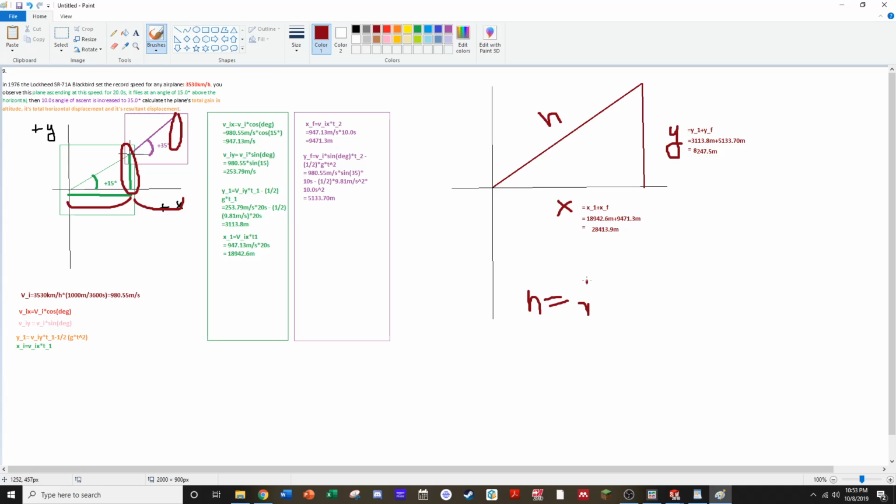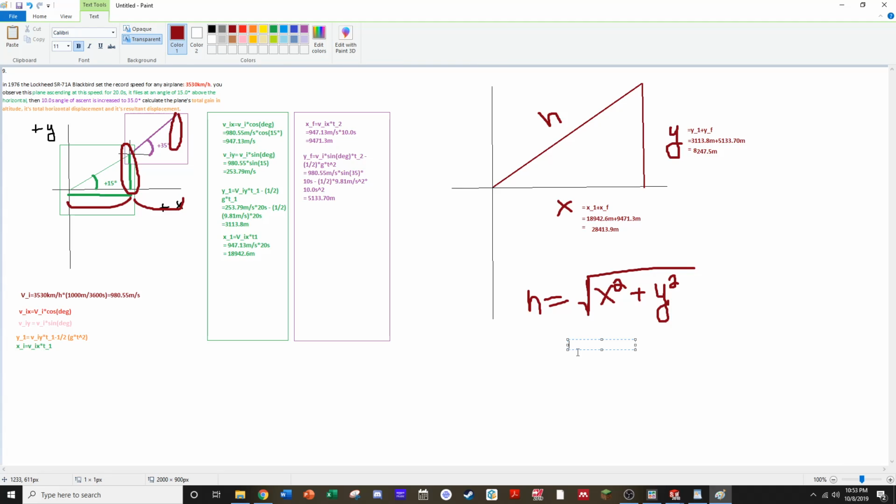So, if anyone remembers our h formula, h equals the square root of the sum in the x direction squared plus the sum in the y direction squared. So I'll text it out as SQRT, parentheses, x squared plus y squared, in parentheses.